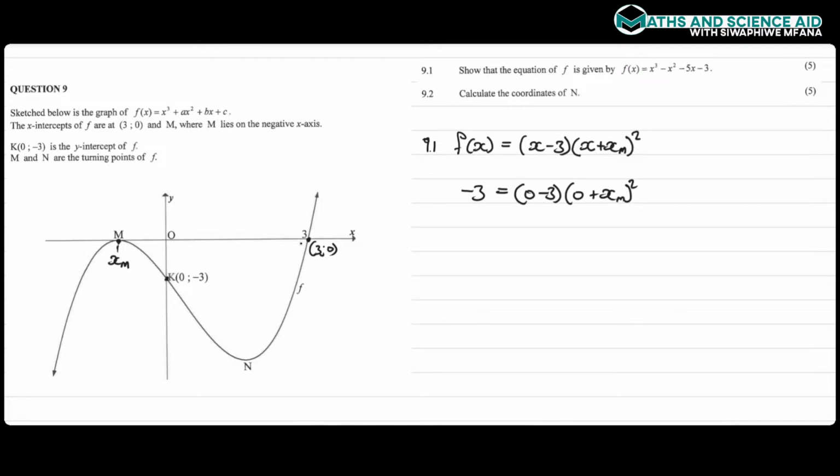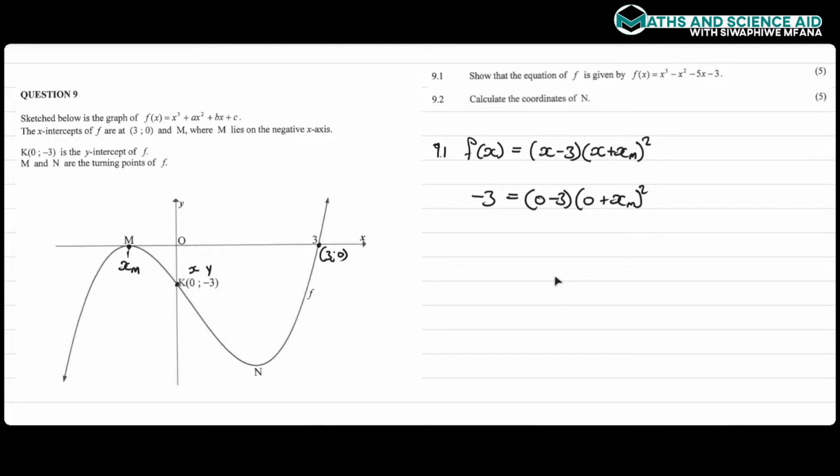We have simply substituted in the x value as well as the y value of point K into this equation. So f of x will be -3 because that's the y value, and x will be 0. Then our only unknown is xm, which is very amazing. And just note that you cannot use the x-intercept here.